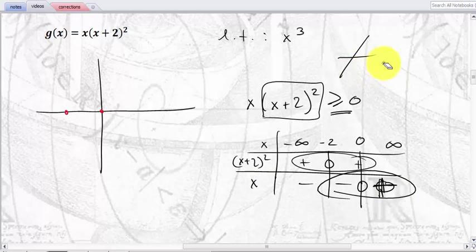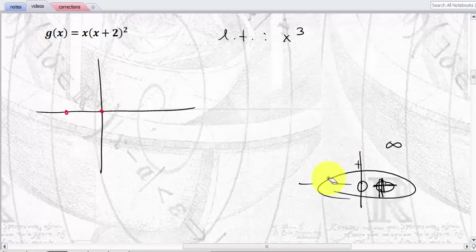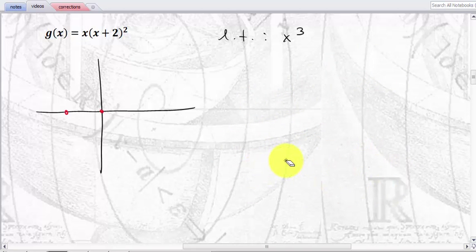So what does it mean graphically? It means that the graph doesn't cross the x-axis. I repeat, the graph doesn't cross the x-axis. It does touch the x-axis because you do have a 0 right here. Therefore, you just bounce on the axis like that, and then you cross at 0 because there is a sign change.